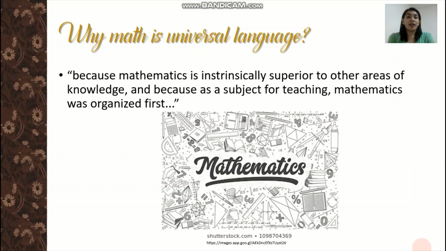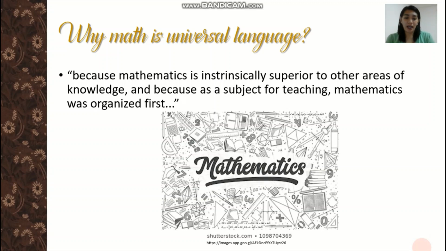For example, in farming, where is the mathematics in farming? You see the computation of land area and also the computation for the harvest time. So it is one of the subjects organized first. And if you look at other branches of knowledge, you would see that mathematics is involved.